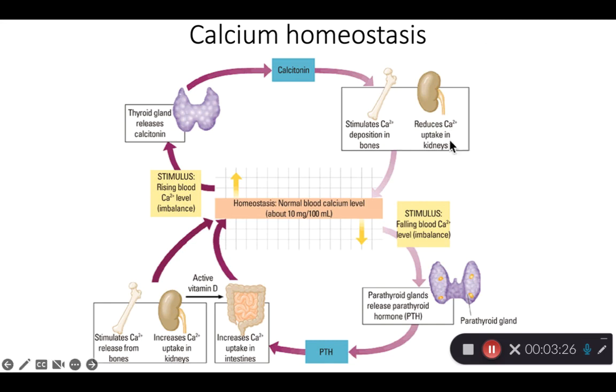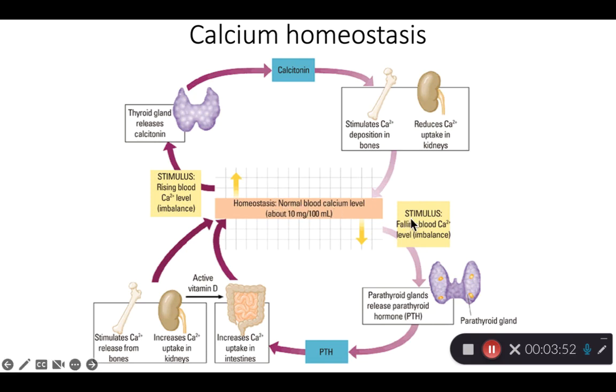So it's going to cause your kidneys to reduce the amount of calcium it keeps in the body. Said another way, it's going to cause your kidneys to excrete calcium. So you'll have more calcium going into your urine. All right. So calcitonin is produced when you have high calcium levels, and it's produced by your thyroid gland.